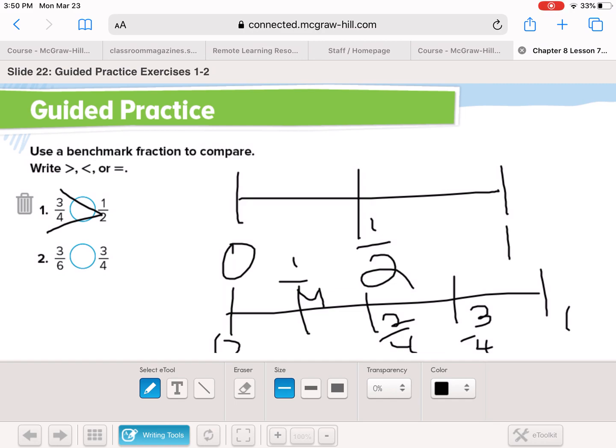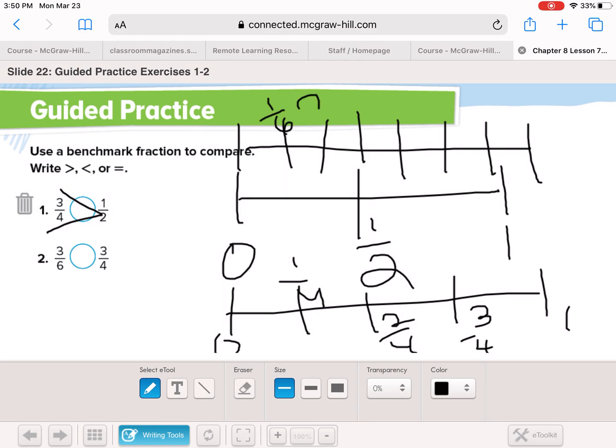Now I could do sixths, since I already have my fourths. 1/6, 2/6, 3/6, 4/6, 5/6, 6/6. Whoops, that should be over here.